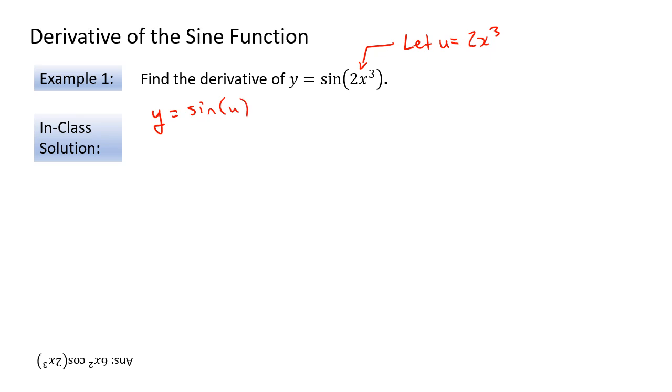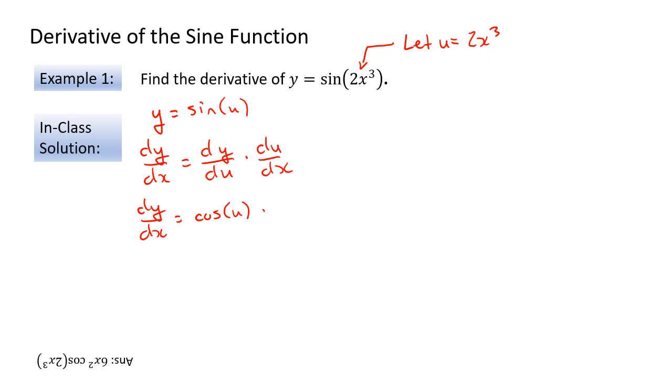So now taking the derivative using this chain rule, dy by dx is equal to the derivative of y with respect to u, the function that we named, times du by dx. So if I substitute this in, dy by dx is the derivative of just sine u, which is cosine u.